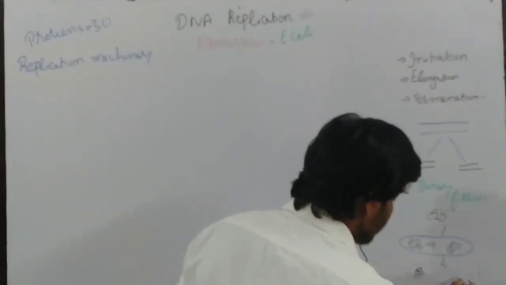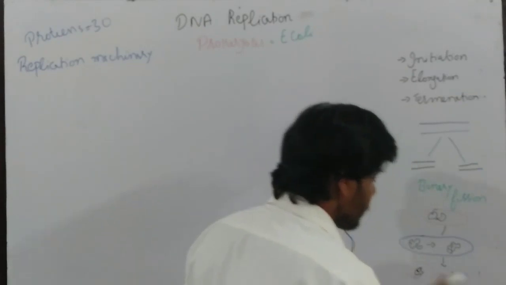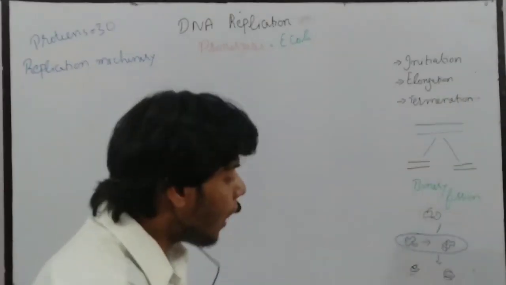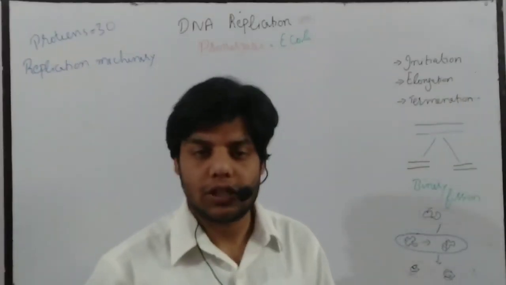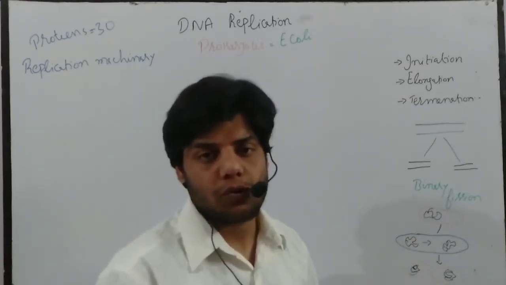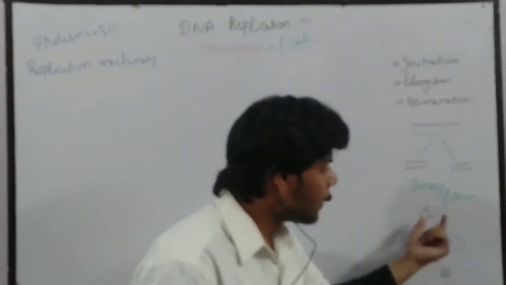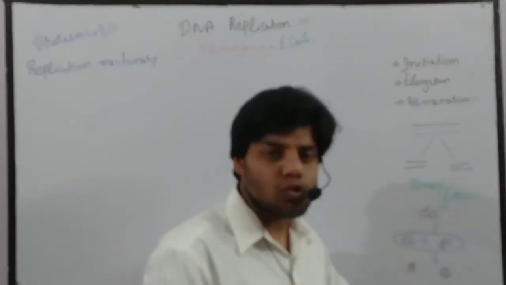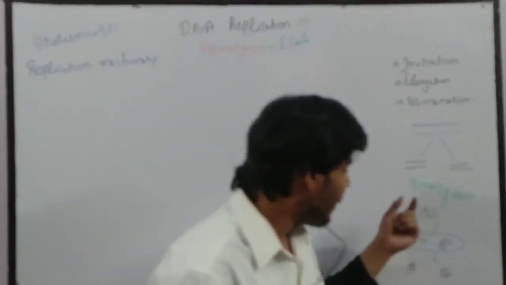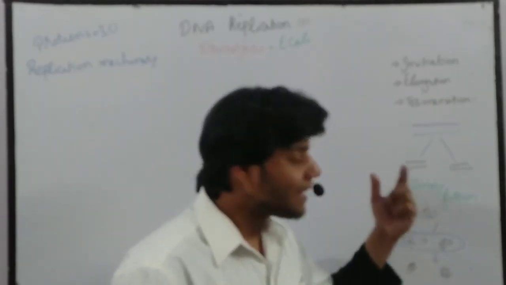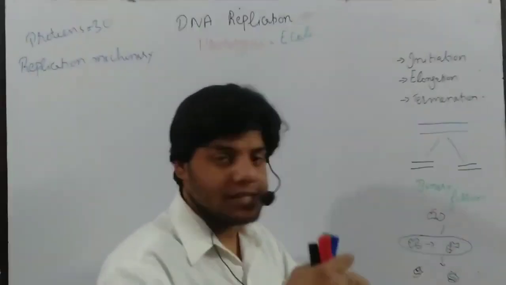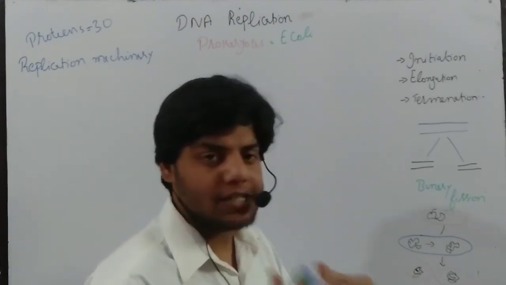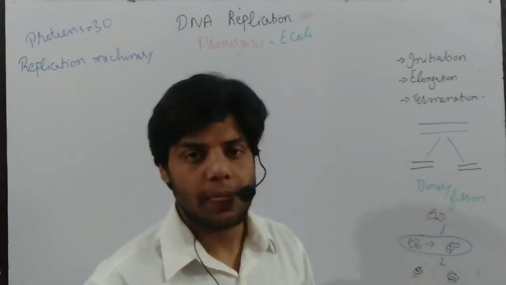Usually bacteria have a circular chromosome. So how is this binary fission possible? This process is possible by the DNA replication. This chromosome is actually the DNA chromosome. Whenever it is replicated, the cell is also divided through the binary fission.